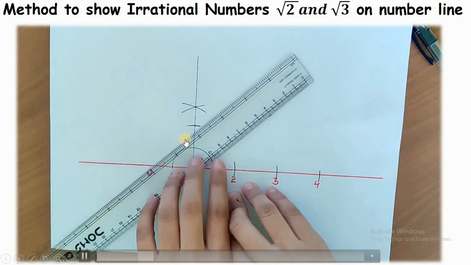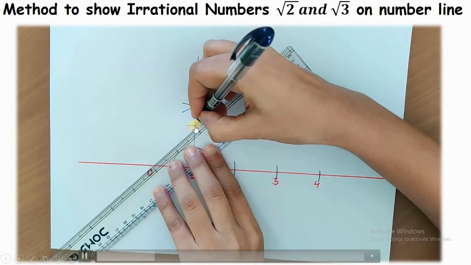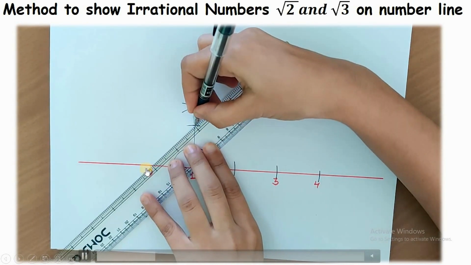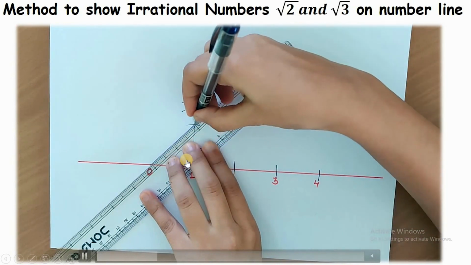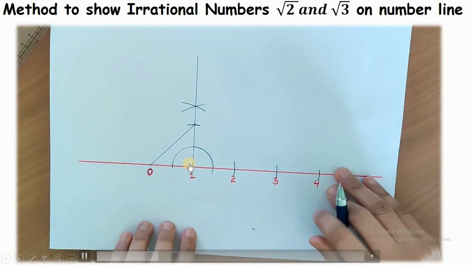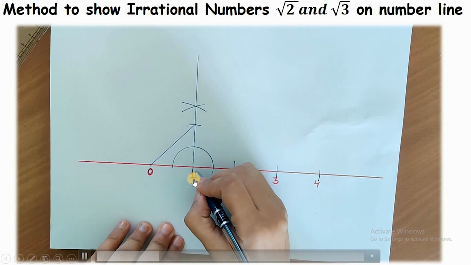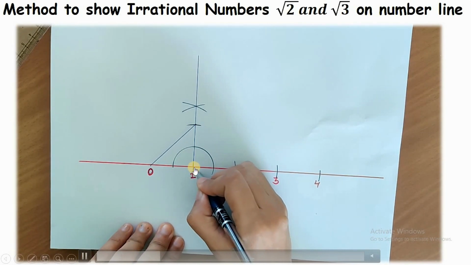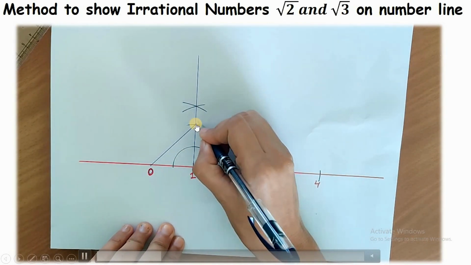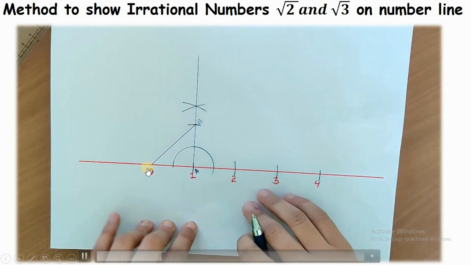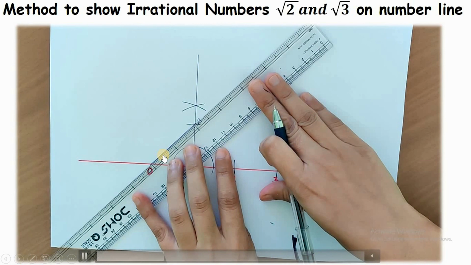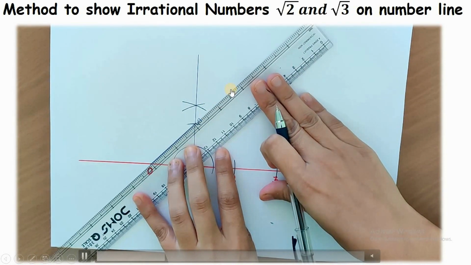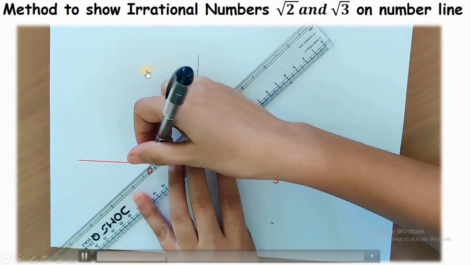And join the 1 unit intersection point on the perpendicular to the 0. And we'll name this point as A and this as B, and 0 let it be O. And we'll extend this line so that we can continue drawing root 3 and so on.